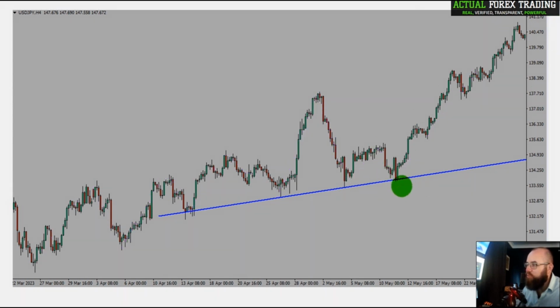So diagonal support, price is reversing every time it hits this diagonal support area. It's the same concept as horizontal support, but it's diagonal, connecting the lows together of this uptrend.